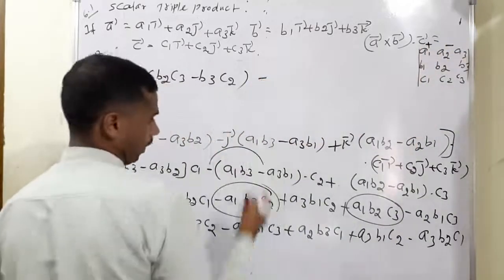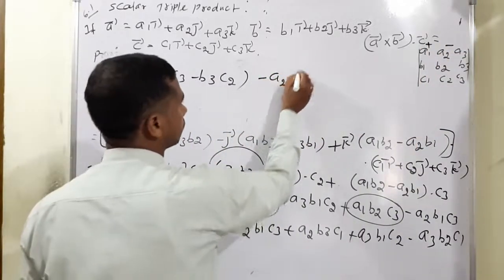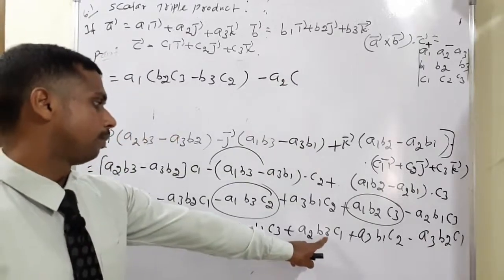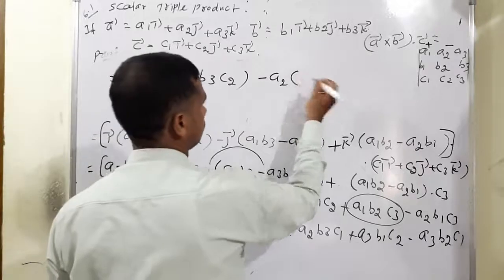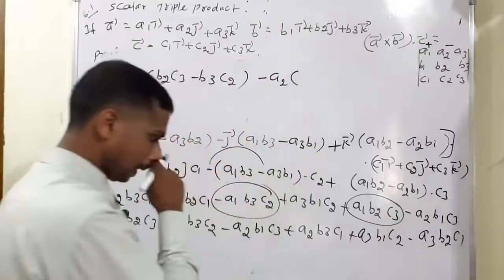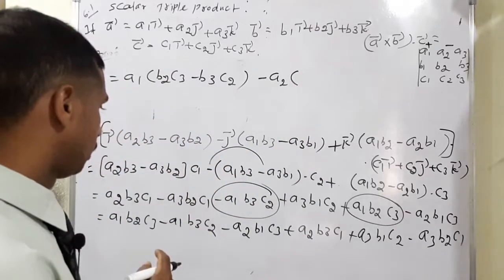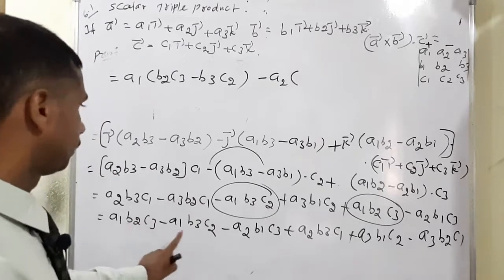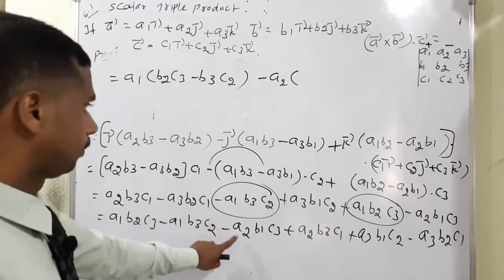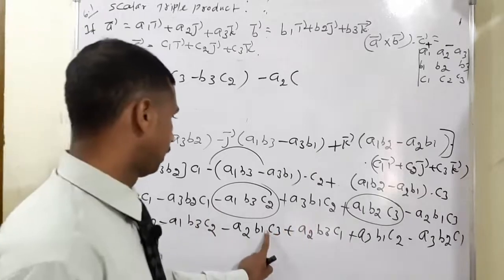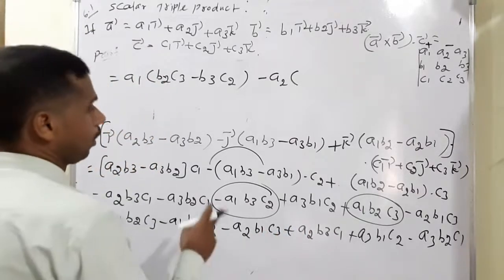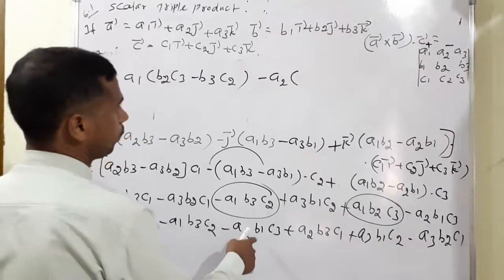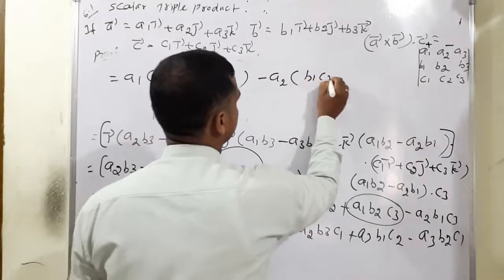So minus A2 take common outside means first positive term B3 C1. So A1 is clear, then minus A2 B1 C3. Now minus A2 take common outside means B1 C3, isn't it? B1 C3.